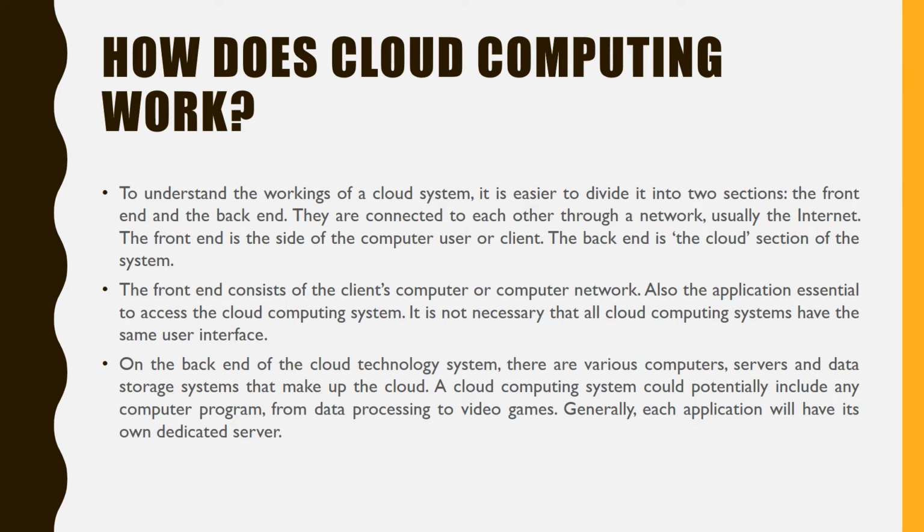In the back end of the cloud technology system, there are various computers, servers, and data storage systems that make up the cloud. So, at the back end, depending on the service, there are servers or some database servers. They are mainframes which are used to provide the service to the front end users.